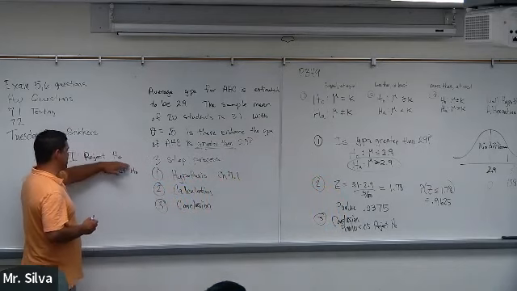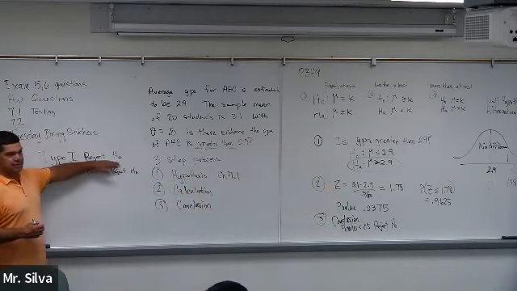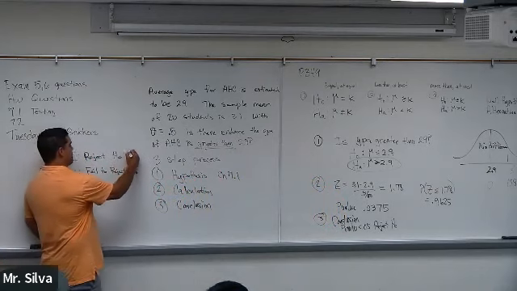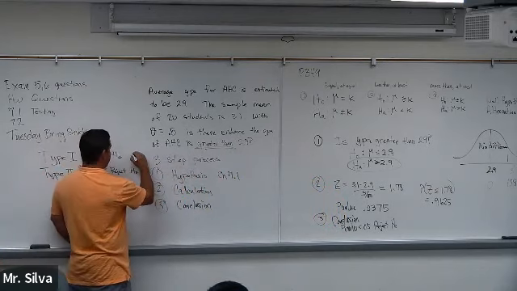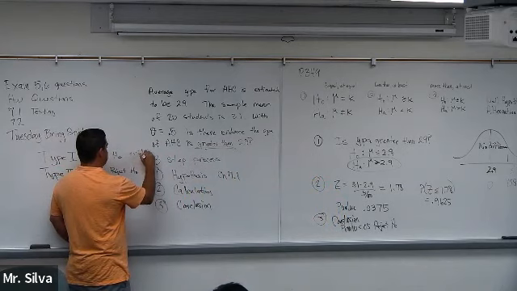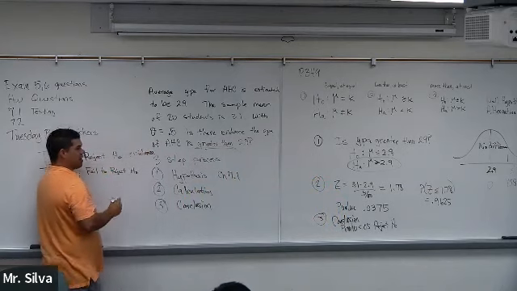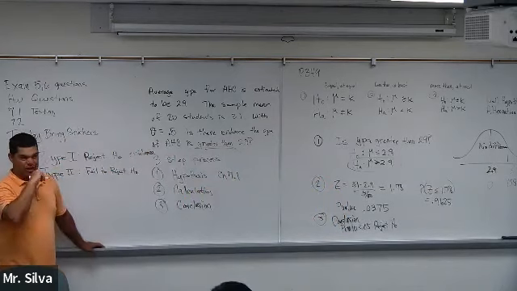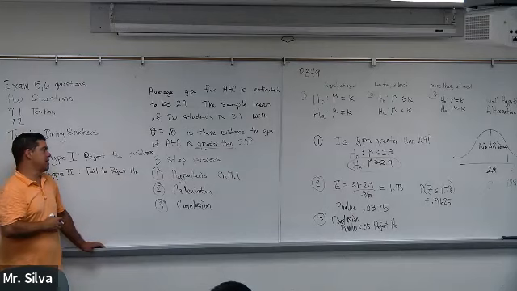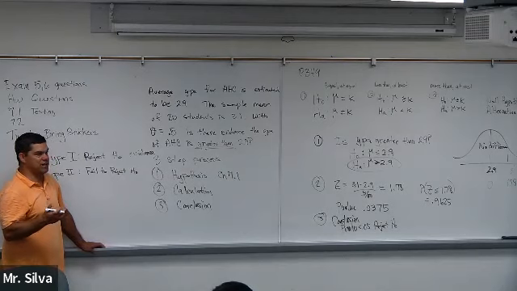Type 1 error means there's evidence. Like in this problem, we had evidence to reject. And I'll talk about that word, if there's evidence or not enough evidence in 7.2. So if there's evidence to reject, we would reject the null hypothesis.